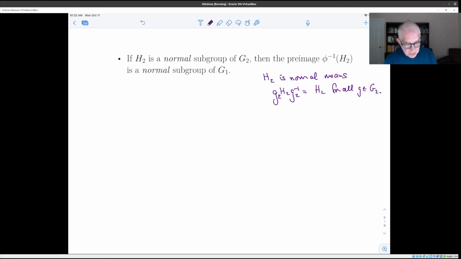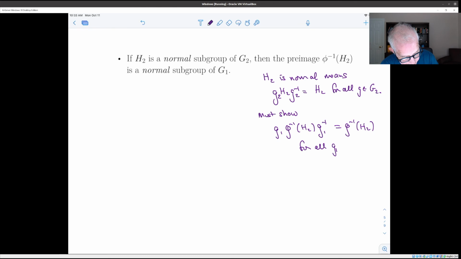And we want to show that G1 phi inverse of H2 G1 inverse is phi inverse of H2 for all G1 in G1. And that'll tell us that phi inverse of H2 is a normal subgroup.